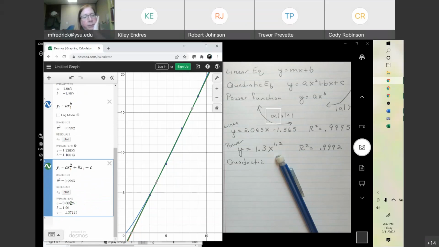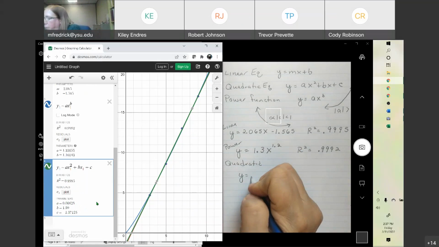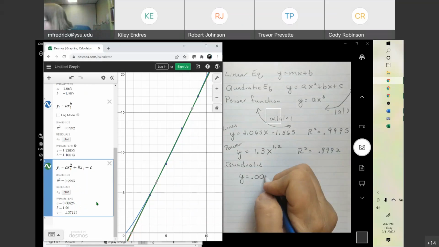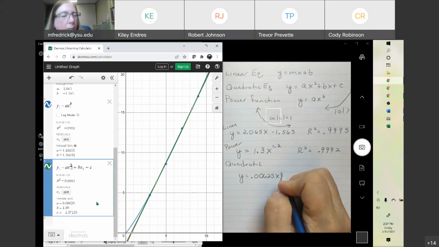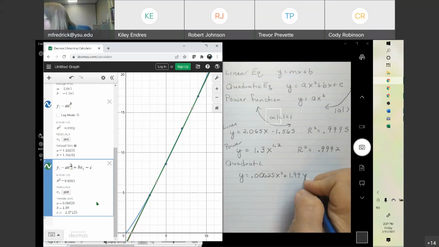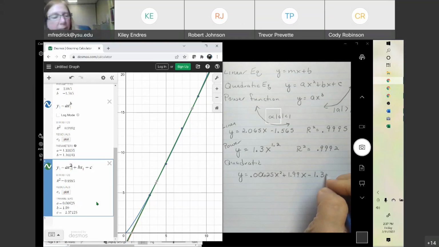And then here's our value, and notice the r squared is the same as the linear. That's because they made a so small. Y equals 0.00625 x squared plus 1.99x minus 1.37125.